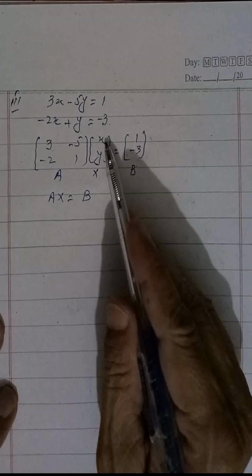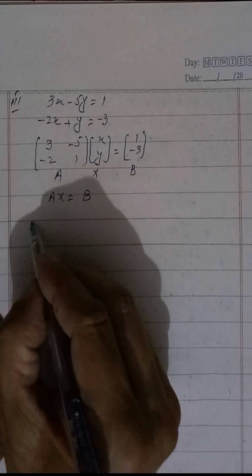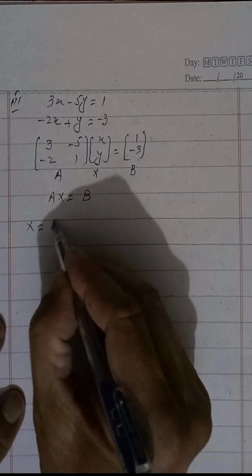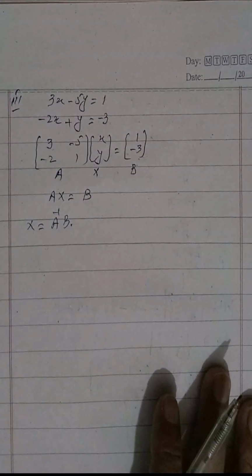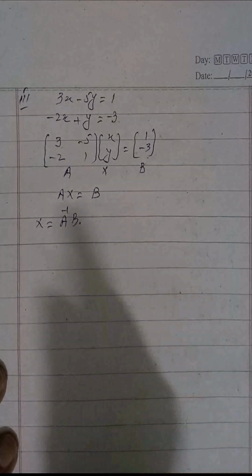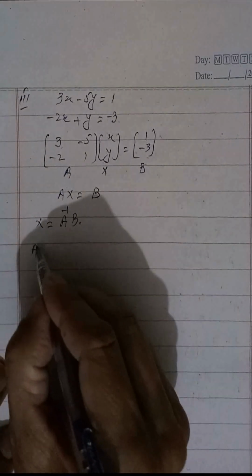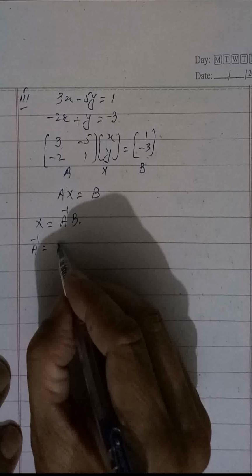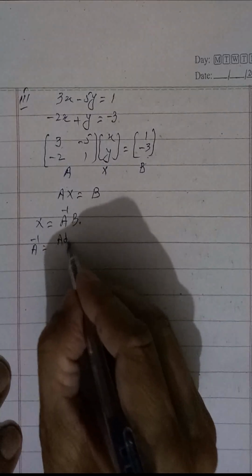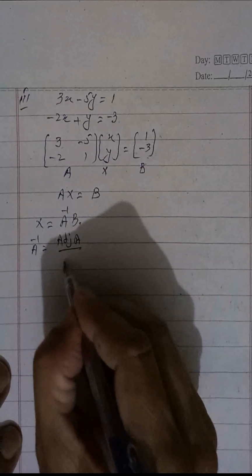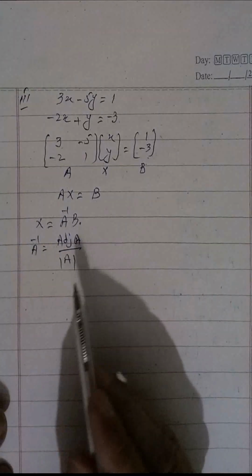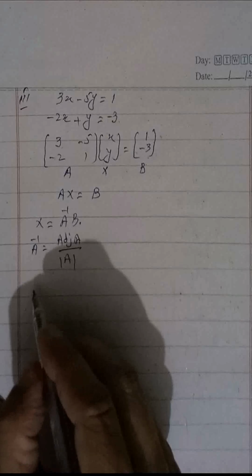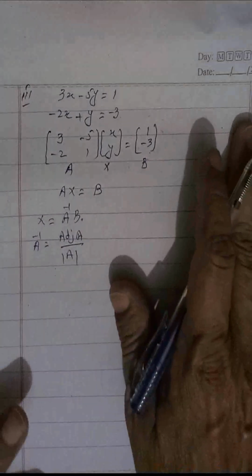When we find the value of x, it means x is equal to A inverse B. In this question, we first find A inverse, and A inverse is equal to adjoint A over A determinant. In this formula, we first find A determinant.